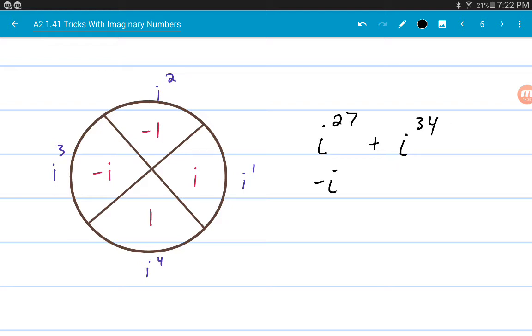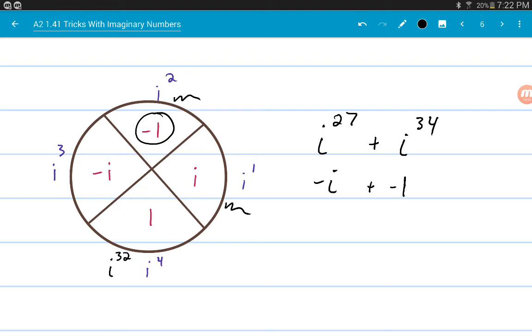On the right hand side, i to the 34th. Let's think. Well, 32 is a multiple of 4. So i to the 32nd would go here. 33, 34. So i to the 34th is negative 1.